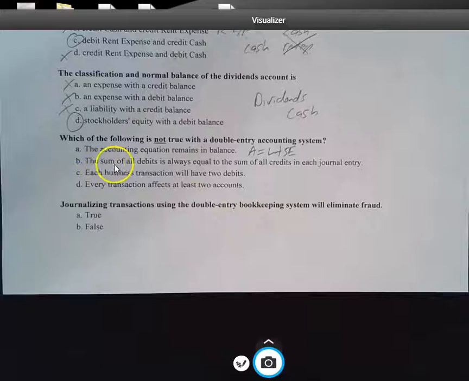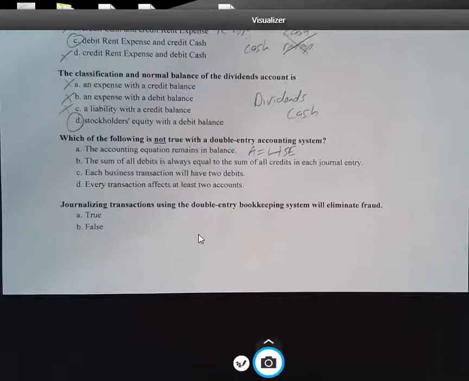The sum of all debits is equal to the sum of all credits in each journal entry. This is absolutely a true statement. Therefore, it is the wrong answer. Each business transaction will have two debits. Well, that is not always true.